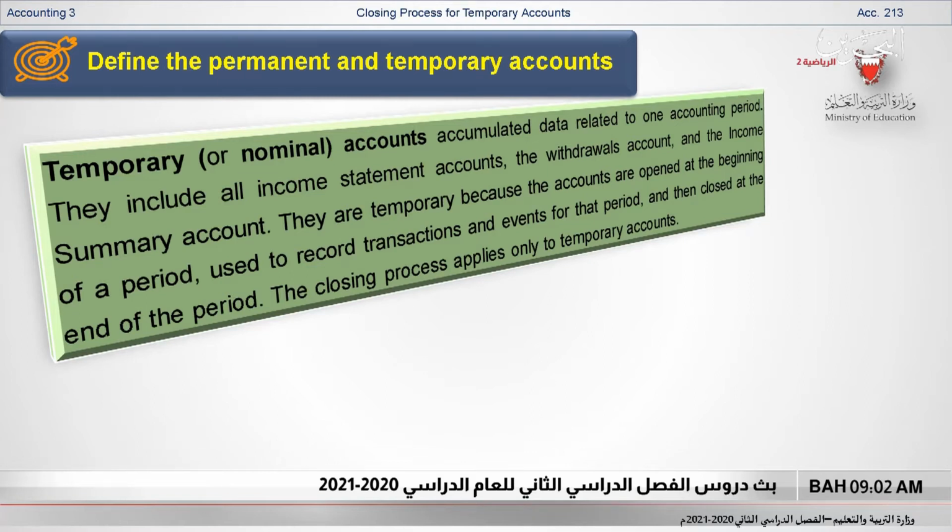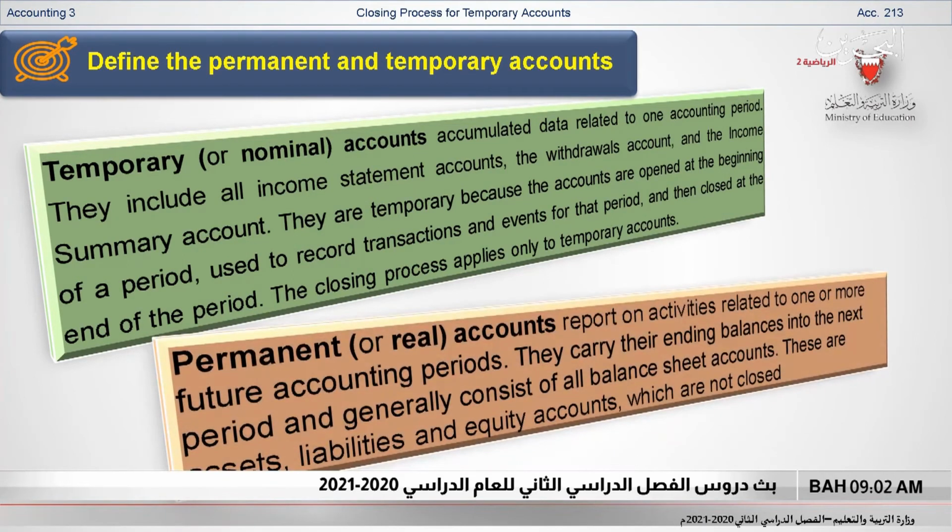Examples of temporary accounts: income statement accounts, withdrawal accounts, and income summary account. On the other hand, permanent accounts are accounts that you don't close at the end of the accounting period. They are also called real accounts.